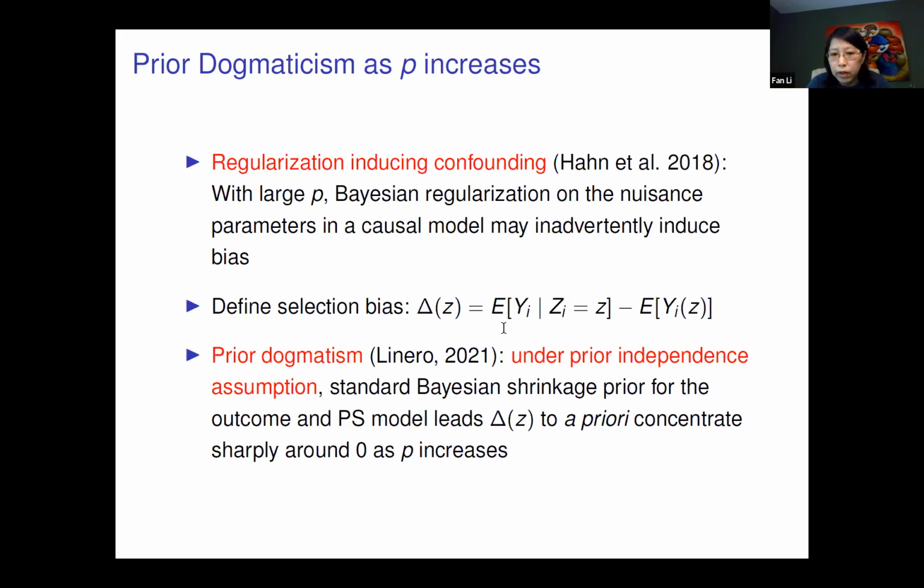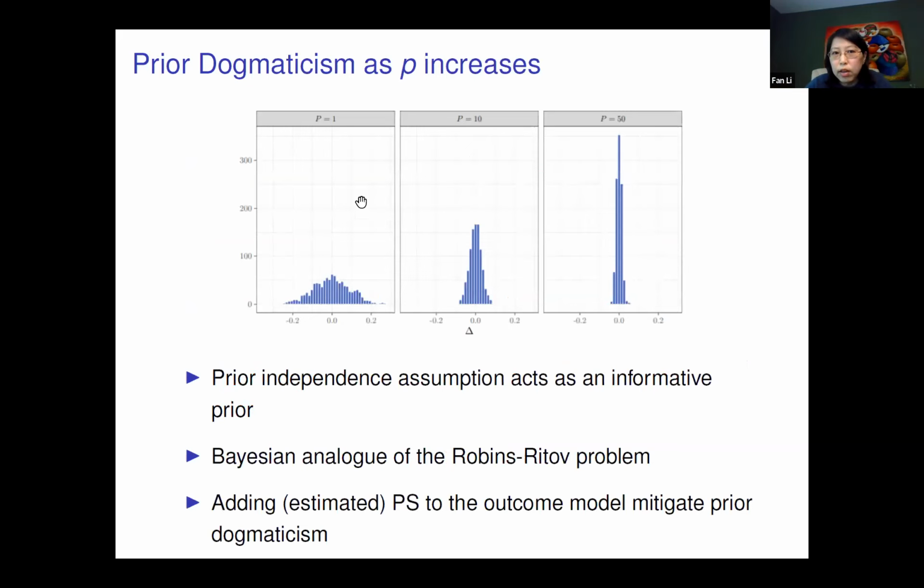It's so sharply concentrated that eventually, even if you have a large amount of data, it will still not overcome this highly concentrated prior. This is an example, and the situation gets worse as your dimensions increase.